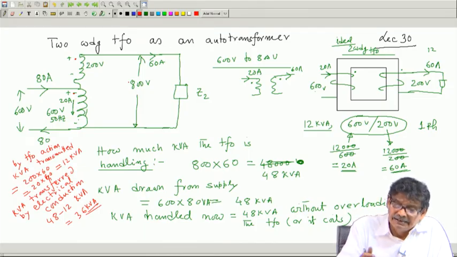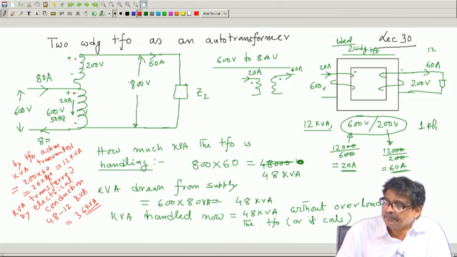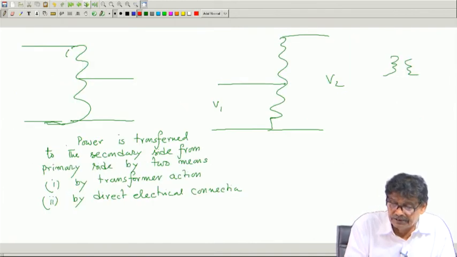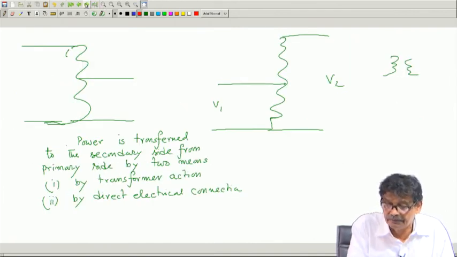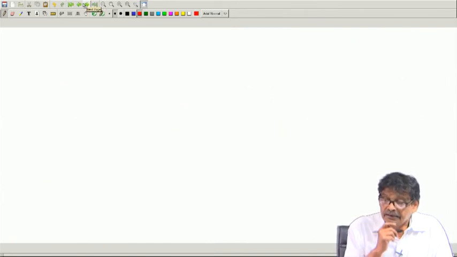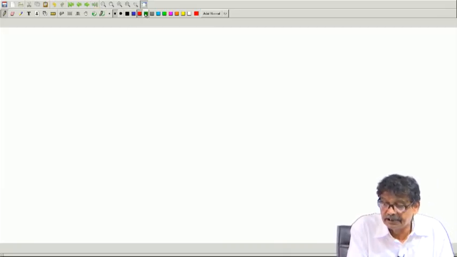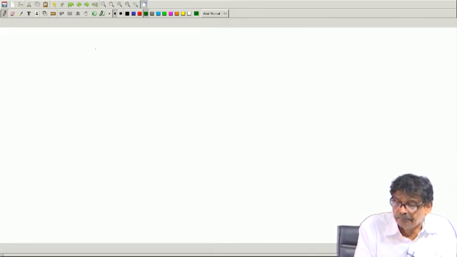Okay, and this is always done like this. For example, I will do just the same problem, so that you understand where we are going. Suppose these two coils, the same transformer, can be connected in different ways.